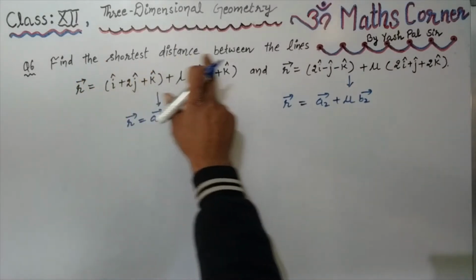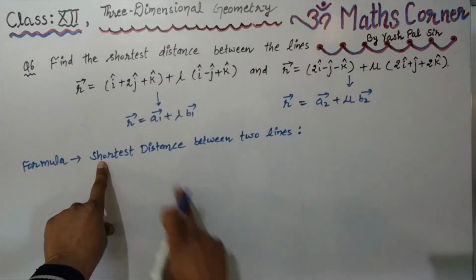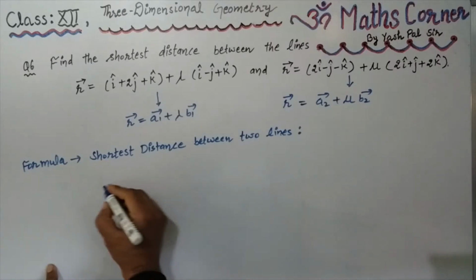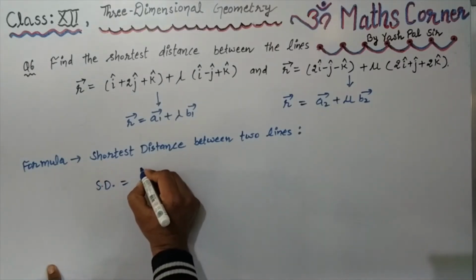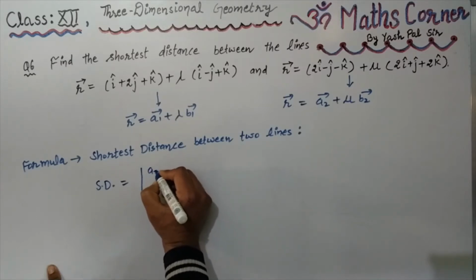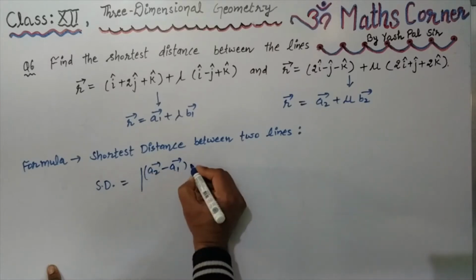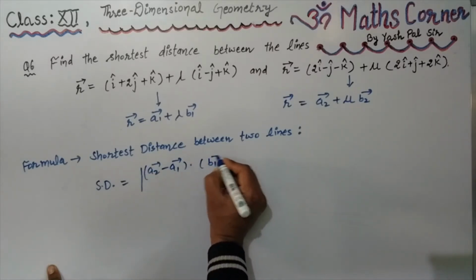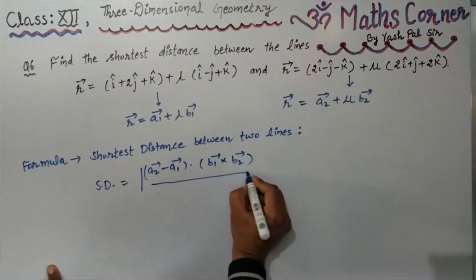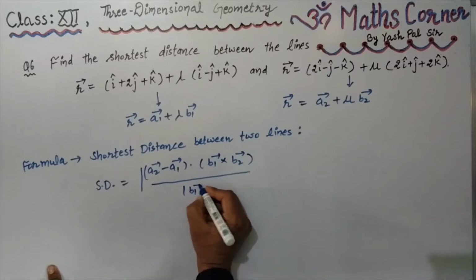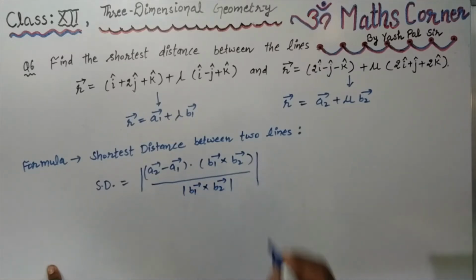Okay, now what is the formula to find the shortest distance between two lines? Shortest distance, SD, is equal to modulus of (a2 vector minus a1 vector) dot product (b1 vector cross b2 vector) divide by magnitude of vector b1 cross b2.